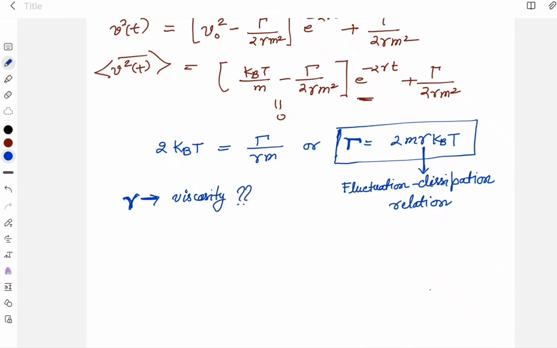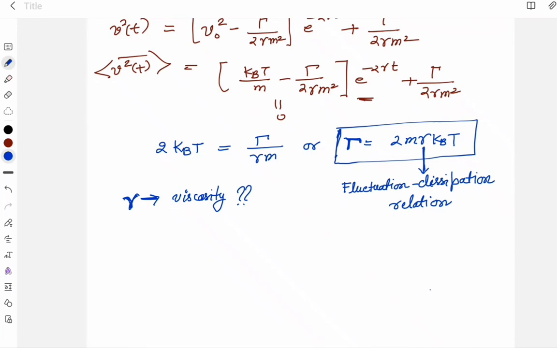What is the relation? We will see. So till now what we have done: we took one particle, wrote its equation of motion, and averaged the velocity over realizations of the noise, and then over all initial conditions.